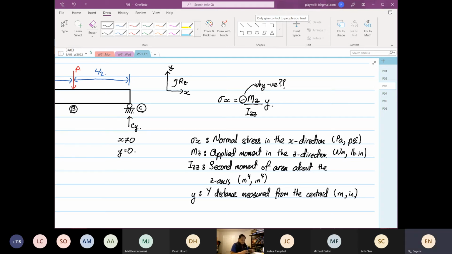Can you all recall? What if, when you are doing analysis, you forget that it's negative? What will happen? If you forget that you have to put a negative sign in front, what will happen? You'll be in trouble, yes or no? Compression will be tension, tension will be compression. Or you always get compression or you always get tension, yes or no?